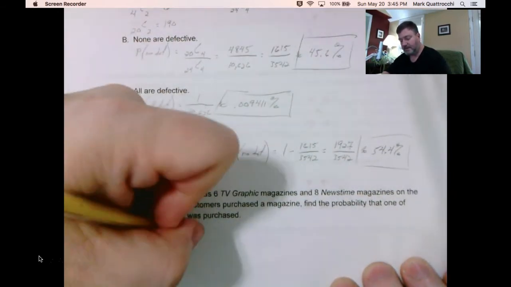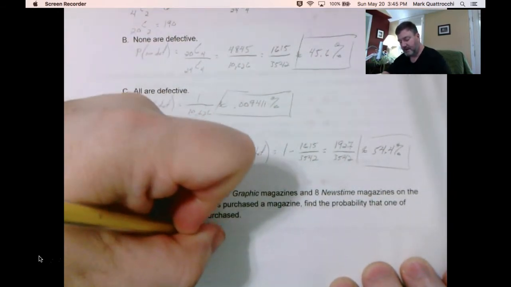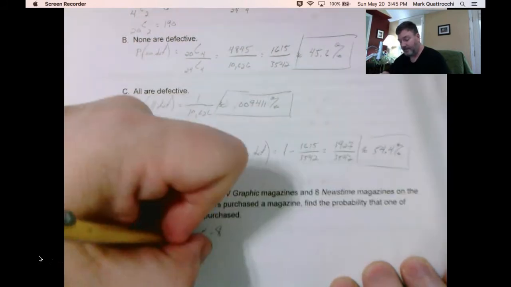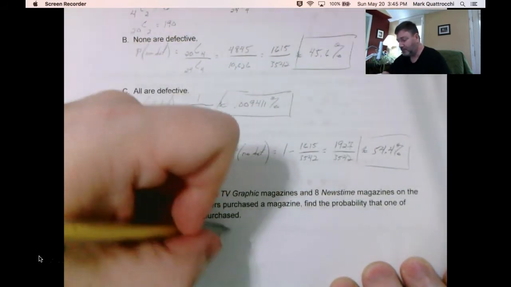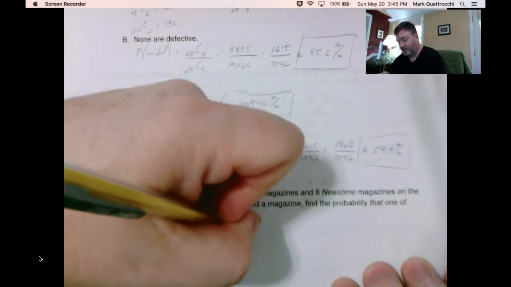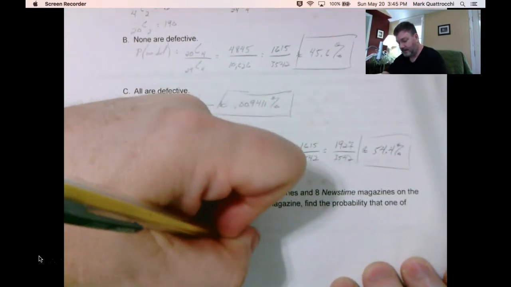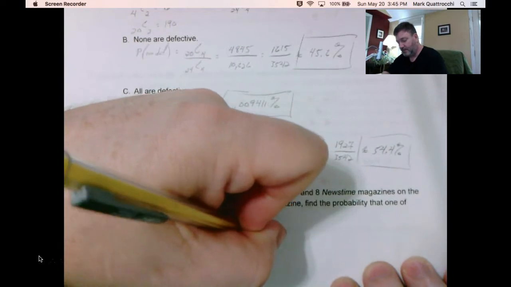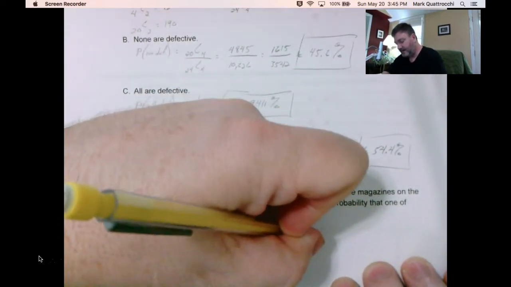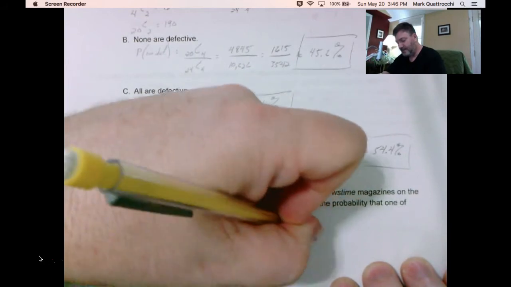When we do this out, this is 6 times 8, which we know from our exercises. 6C1 is 6, 8C1 is 8, divided by 14C2 is 91. 48 out of 91, or approximately 52.75%.